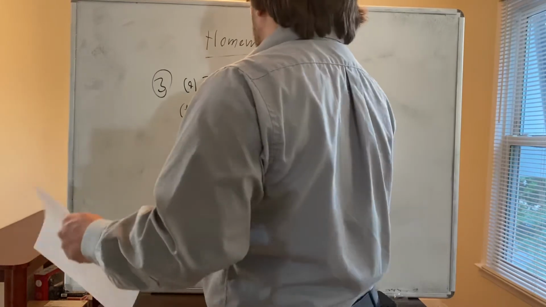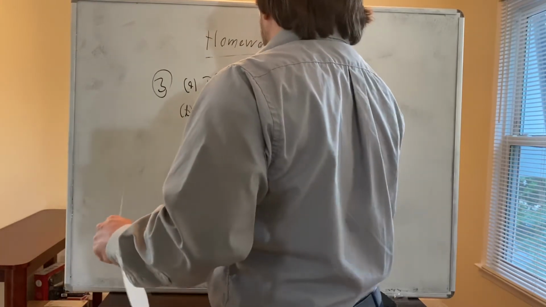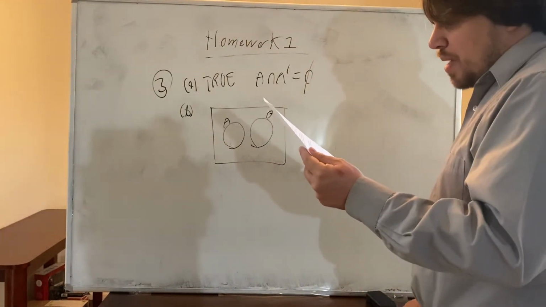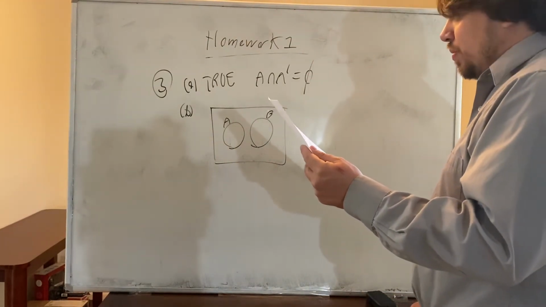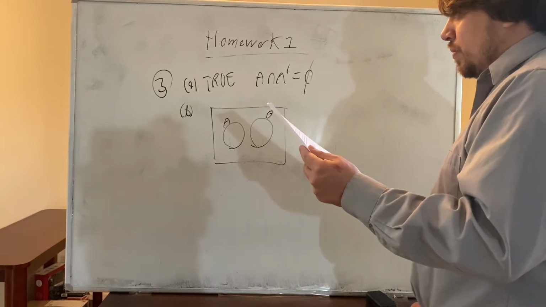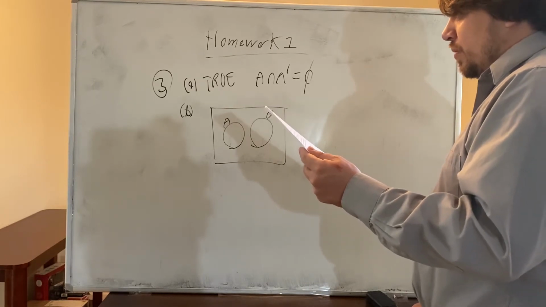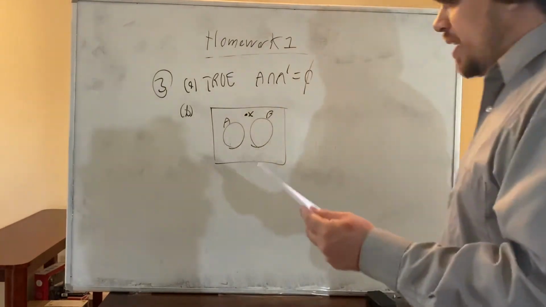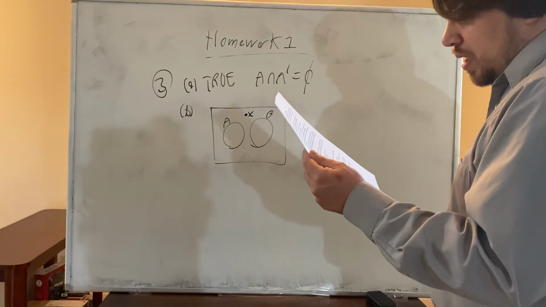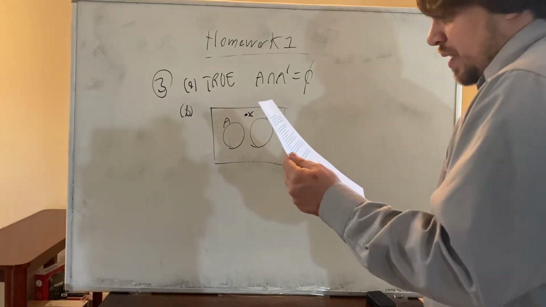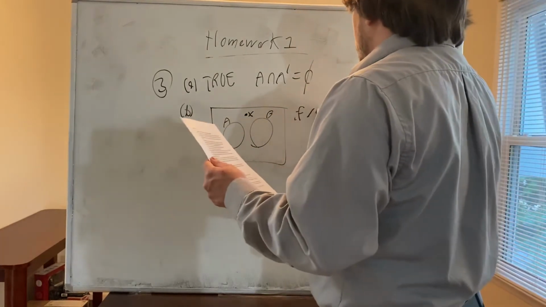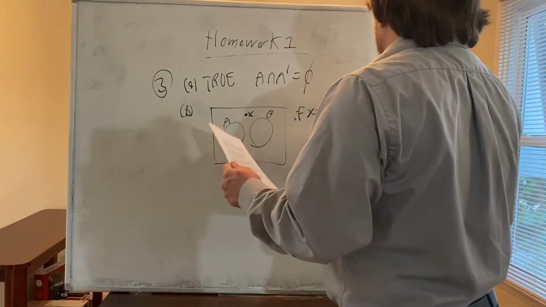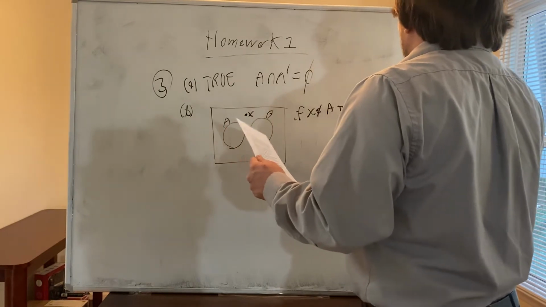Well, if you look at a Venn diagram, if A and B were mutually exclusive, are A prime and B prime mutually exclusive? Anything that's not in A or B, let's say little x was not in A and not in B, then x is in A prime and x is in B prime.